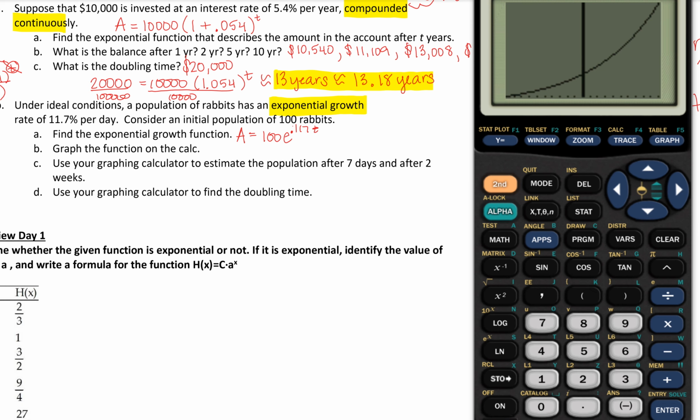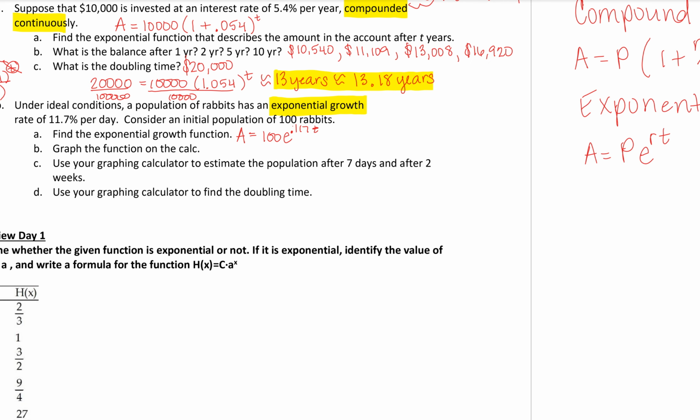Now it says use your graphing calculator to find the number of rabbits after 7 days and after 2 weeks. Well, remember, we had a rate of 11.7 per day. So my equation is based on days. I can easily figure out day 7, but since it gives me 2 weeks, I need to convert that 2 weeks to days.